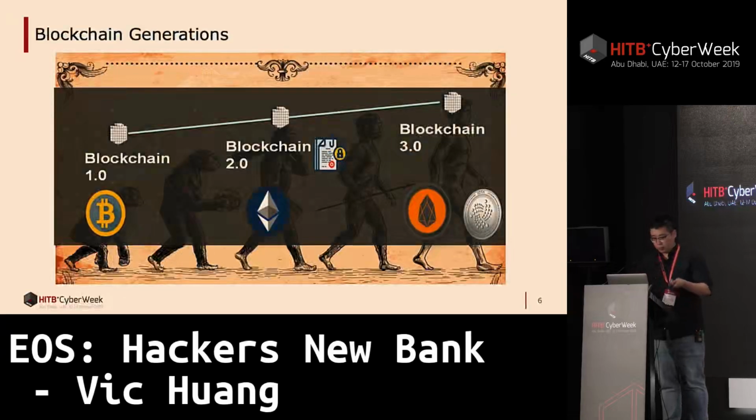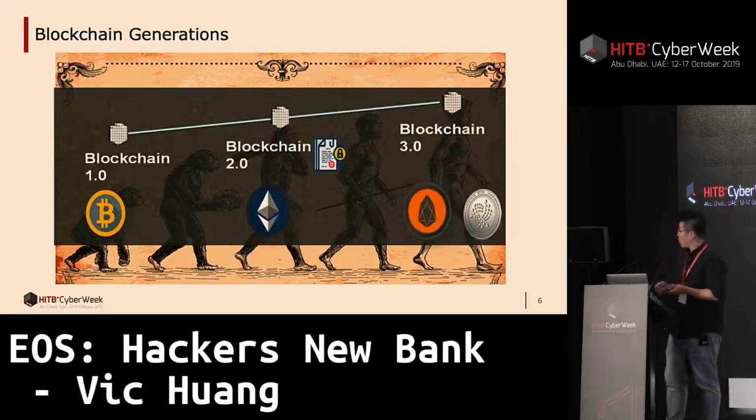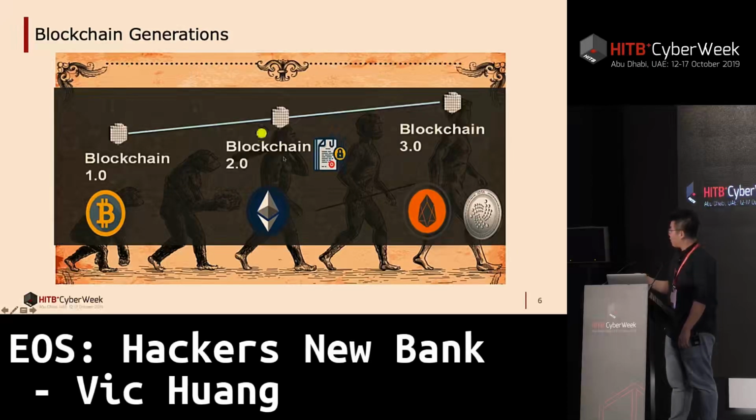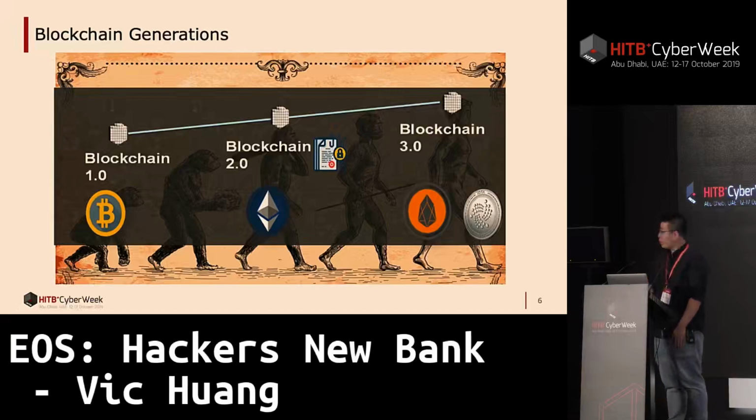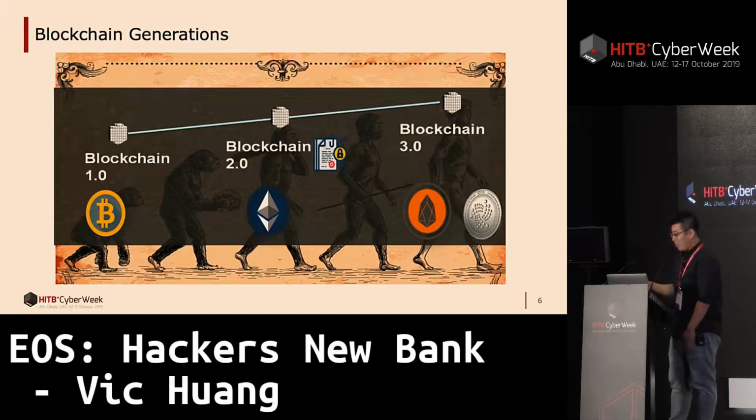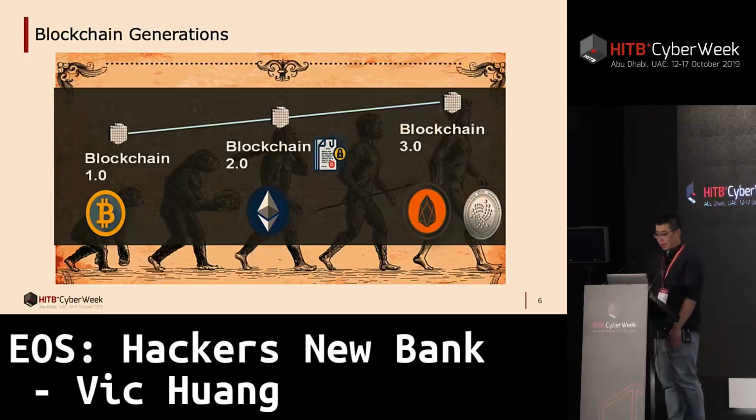We have three generations of the blockchain. The first generation began in 2009 when Bitcoin went online. At first, 10,000 Bitcoins could be exchanged for $2 of pizza, so it was a very low price at the start.